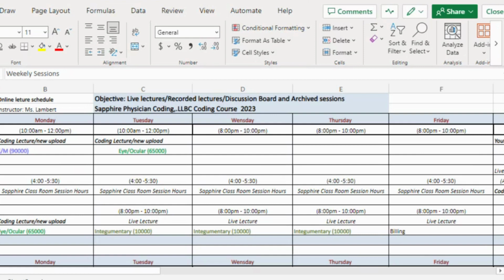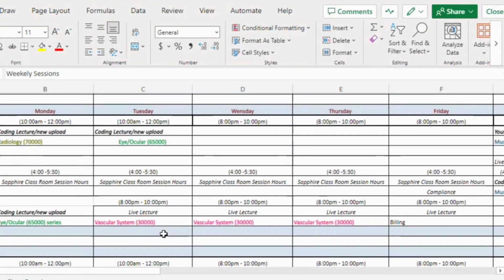You see E/M, evaluation and management. That's your 90,000 series. I put that there just so you can know what series you're in. Ocular, that's your 65,000 series. Integumentary system, that's your 10,000 series. It just gives you more information. The vascular system is a 30,000 series. Let me say this, because you may not know what the series is.